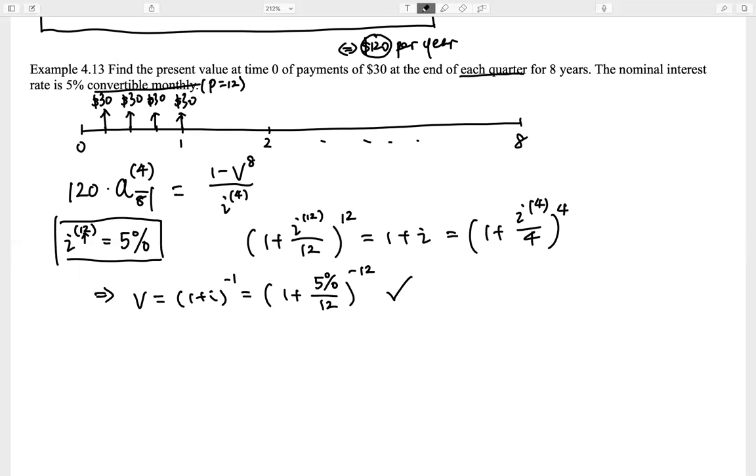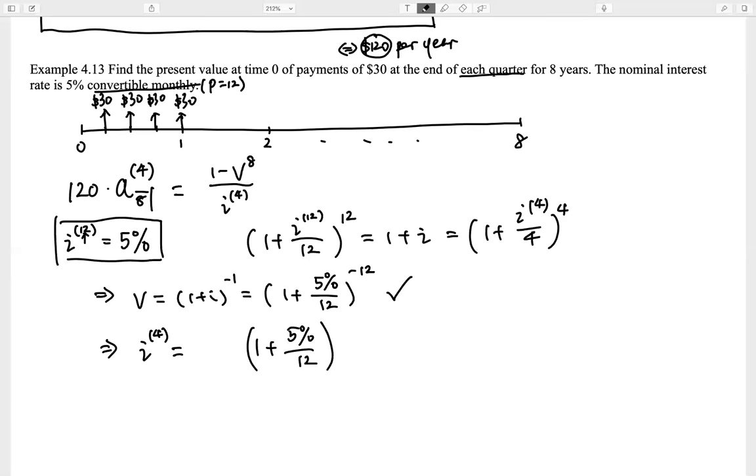Then I would want to know my i upper 4. So my i upper 4 would be, of course, then I need to raise to the fractional power 1 over 4. So once I do 1 over 4, I would have i upper 4 equals the entire thing. Well, it's 5%, so let me write 5% divided by 12.